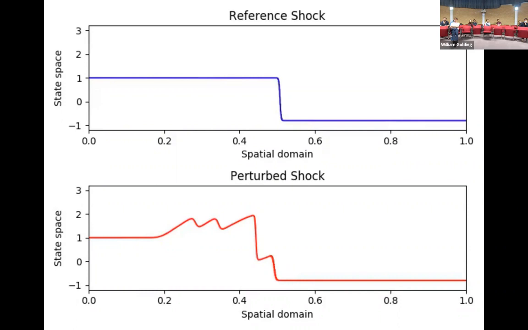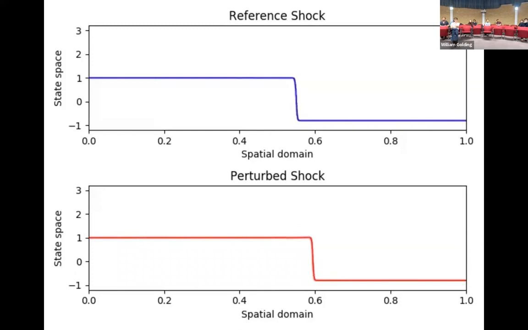The speed of the shock depends on the value exactly at those two points. So it starts moving backwards, but then this other shock catches up to it and it starts moving forwards again. Essentially, what's going to happen is it's going to cause the wavefront to wiggle back and forth.